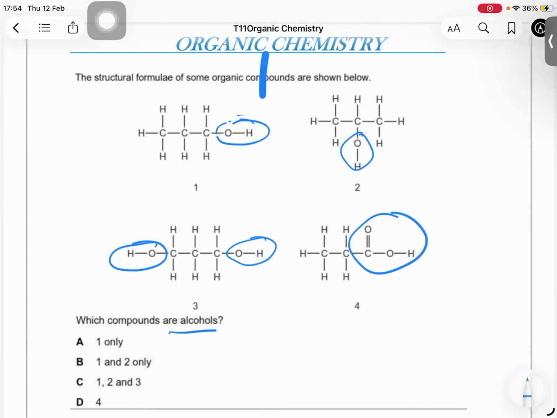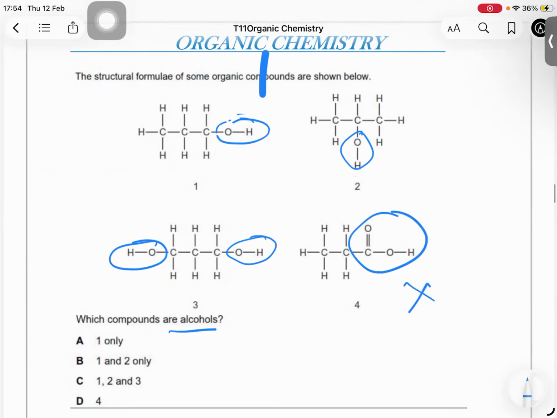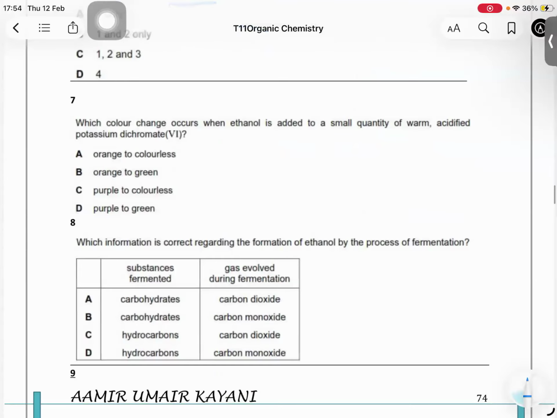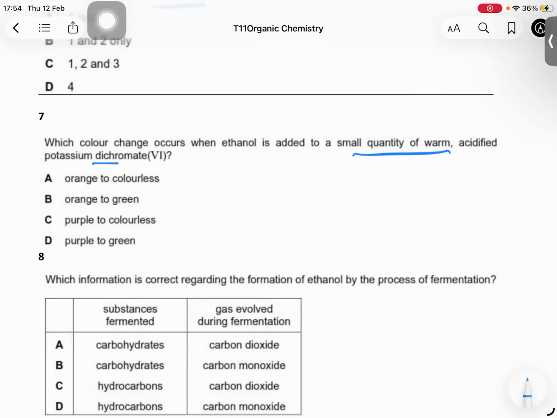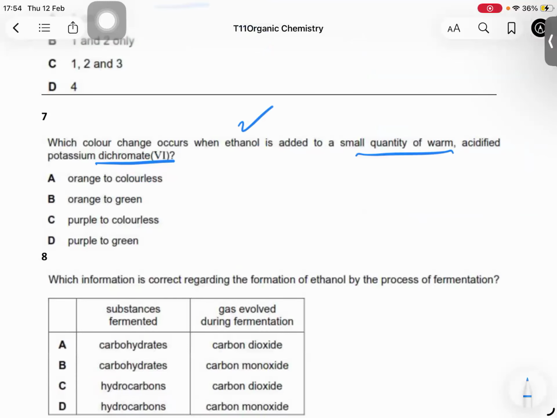And what about this? Yes. Which color change occurs when ethanol is added to a small quantity of warm acidified potassium dichromate? What happens when ethanol is added to potassium dichromate? Orange to green. Okay.